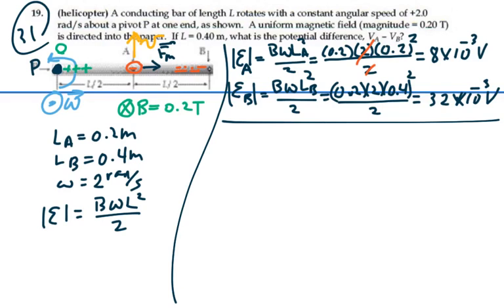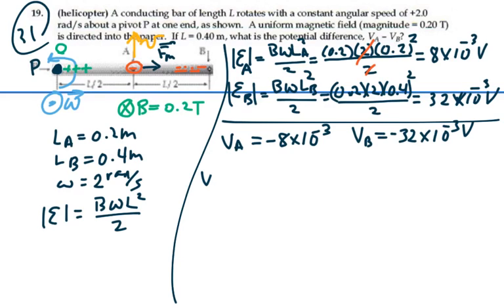Well, the potential at A is negative in relation to P, so the potential at A is going to equal negative 8 millivolts. And the potential at B is negative with respect to point P, so that's going to equal negative 32 millivolts.